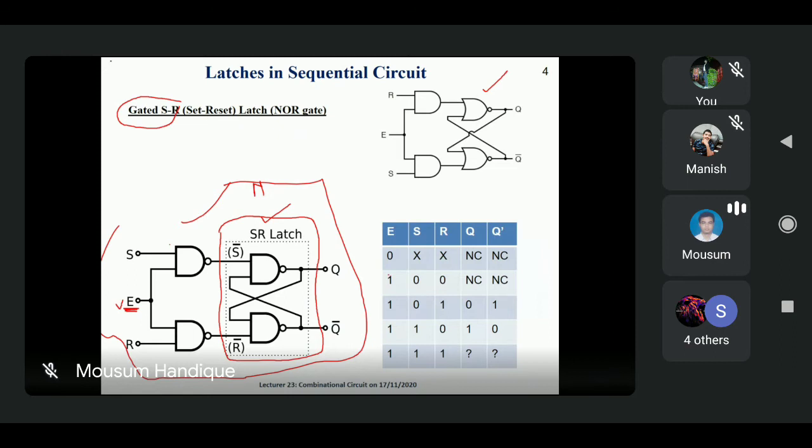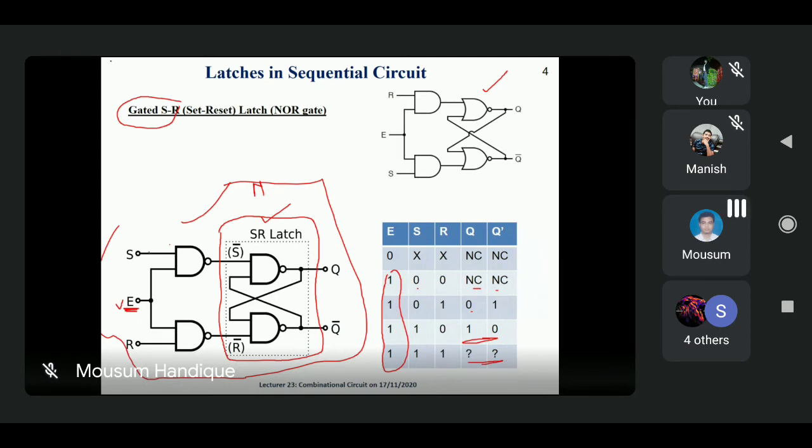And this part is for when the enable input is on. That time, when it is 0 0, it is no change, it is the same. When 0 1, then it is also 0 1. And when it is 1 0, then it is also 1 0. And when it is S equal to 1 and R equal to 1, that means it is the invalid state.